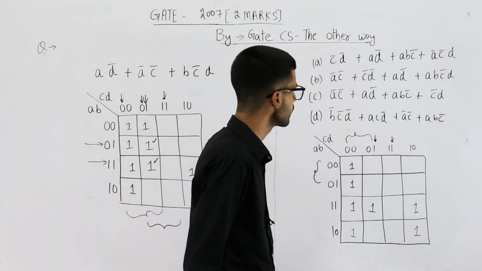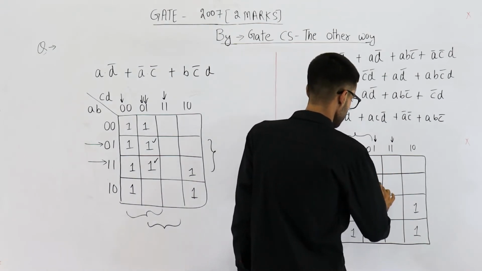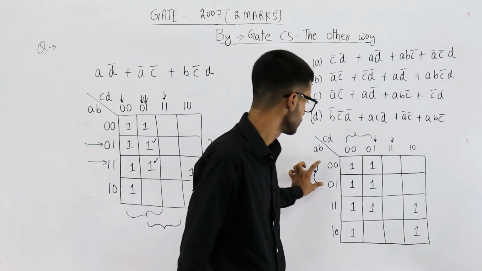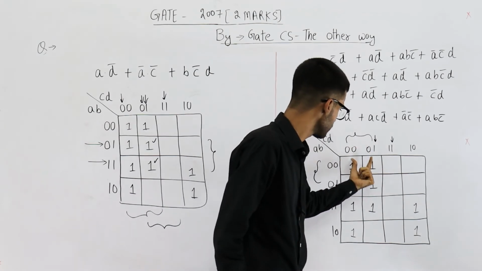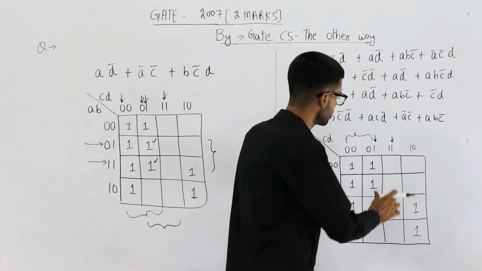So the intersection will be this much. Only these two ones. See, this is A bar, this much is C bar, and this much is D bar.